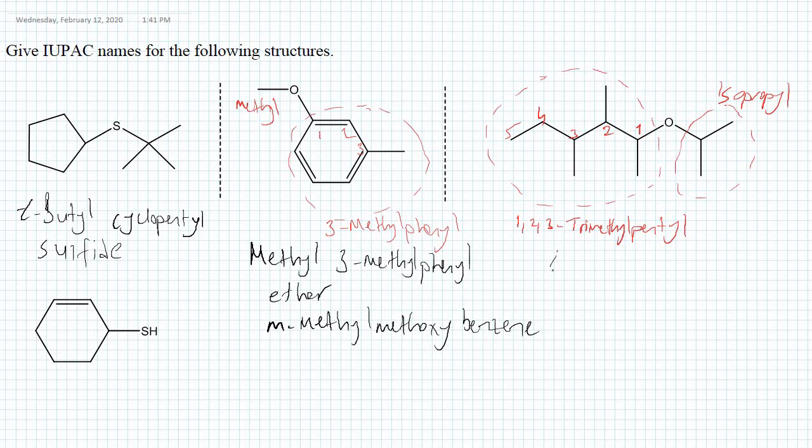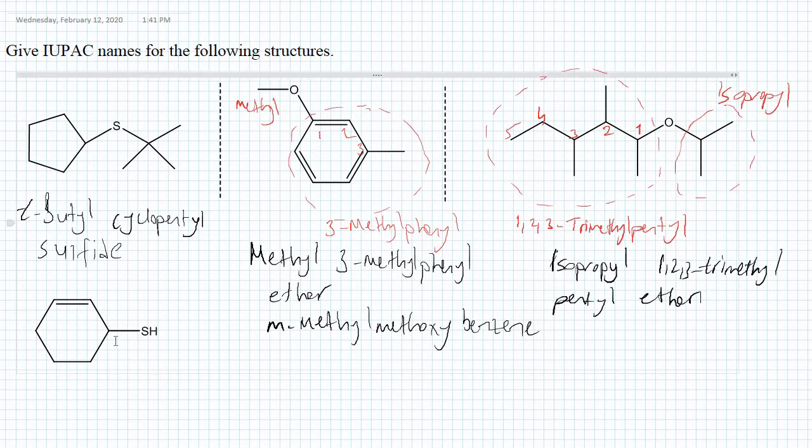So it is isopropyl space 1,2,3-trimethyl. I will continue without any space from here. Pentyl. Then we have to put a space here. It's ether.